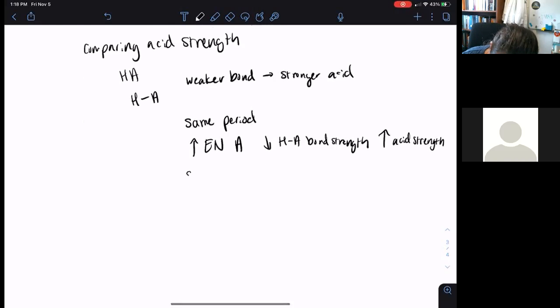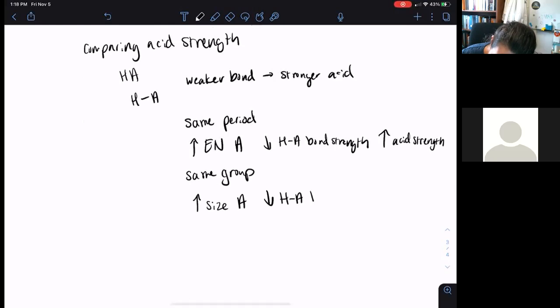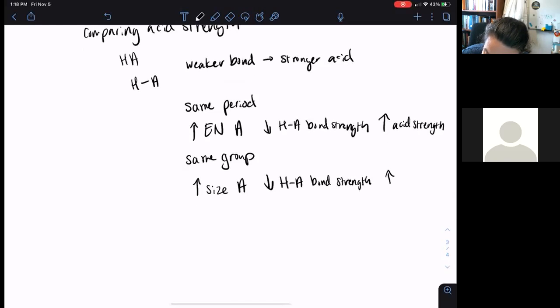If we are in the same group, if we increase the size of A, we're going to decrease the HA bond strength. And that's going to cause us to have an increase in our acid strength.